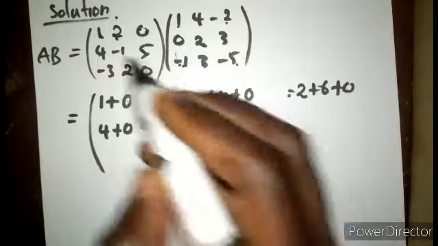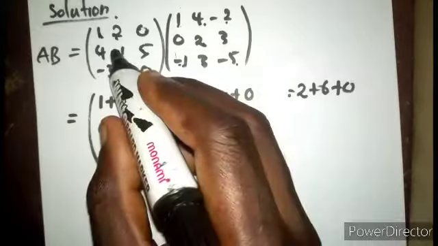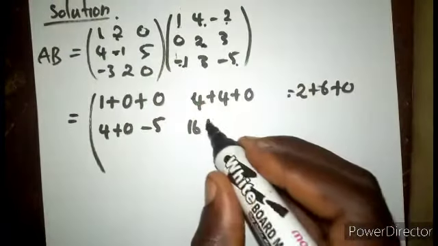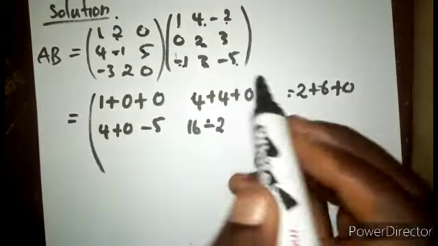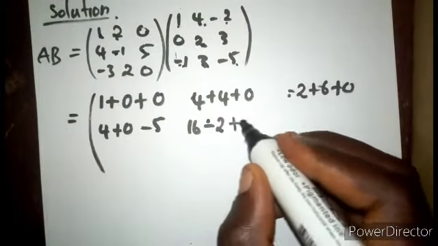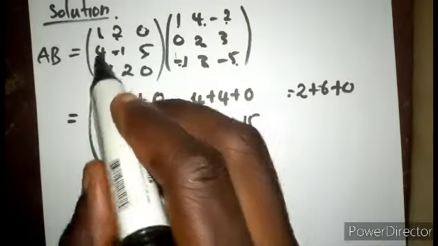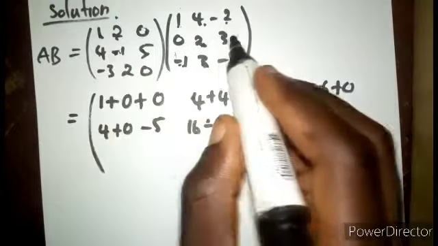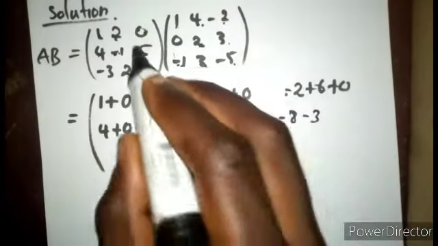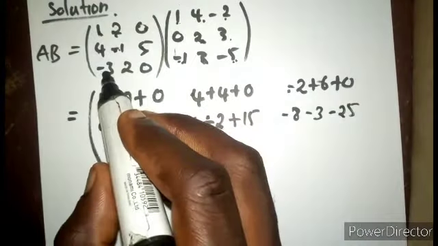Second row, second column: 4 times 4, 16, plus -1 times 2, -2, plus 5 times 3, that's what? 15. Second row, third column: 4 times -2, -8, -1 times 3, -3, 5 times -5, -25.